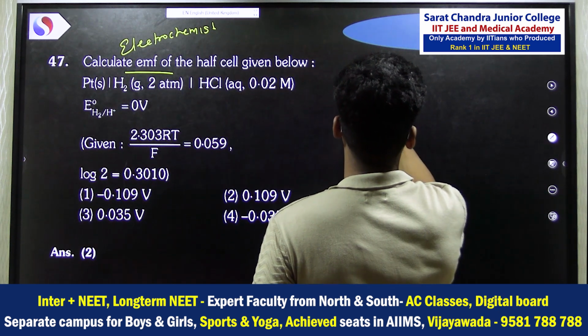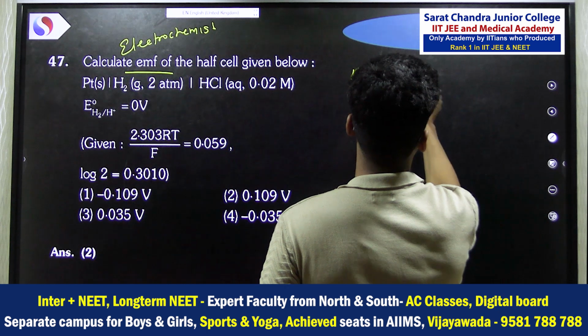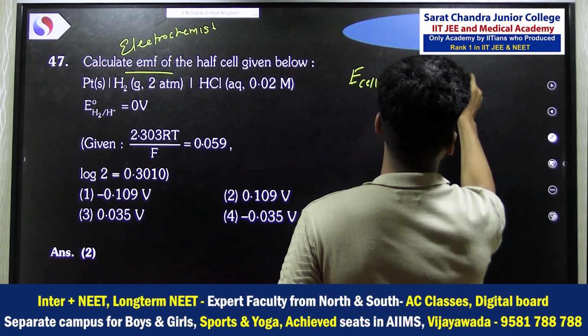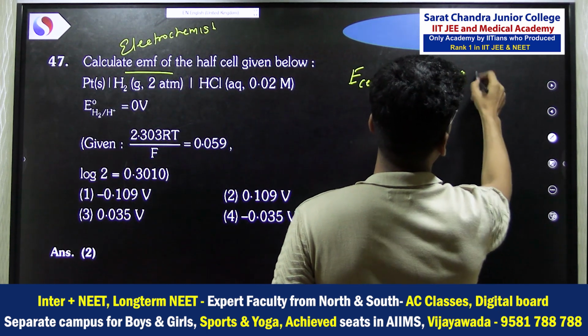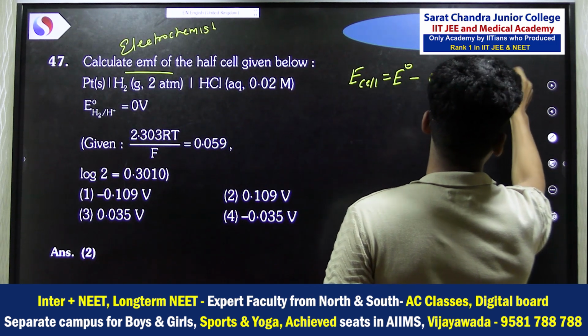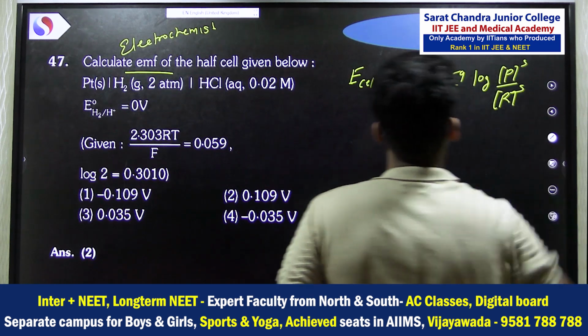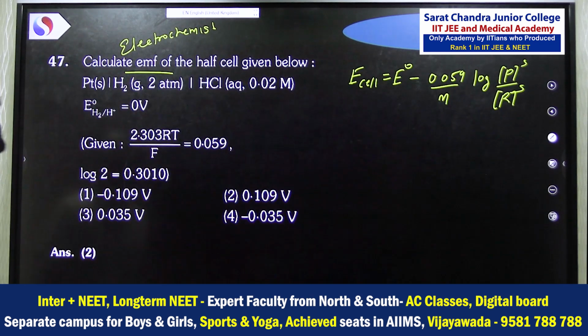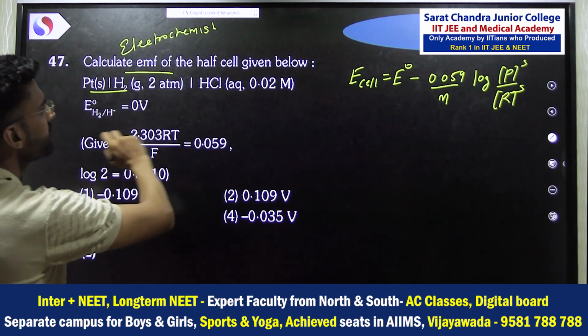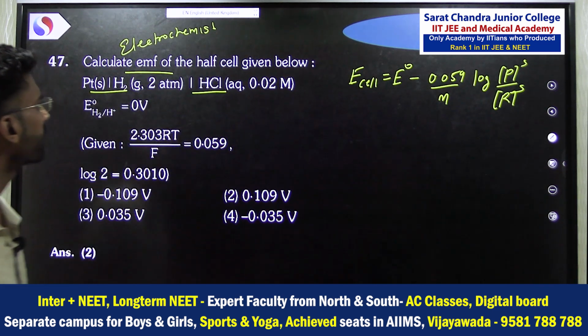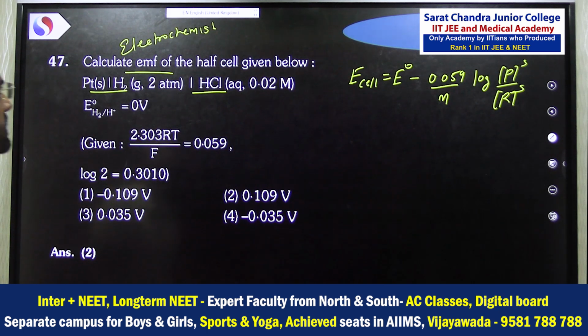So E of half cell is equal to E naught minus 0.059 divided by n log of concentration of product power stoichiometry over reactant power its stoichiometry. See what reaction we have in this. Hydrogen changes to HCl.